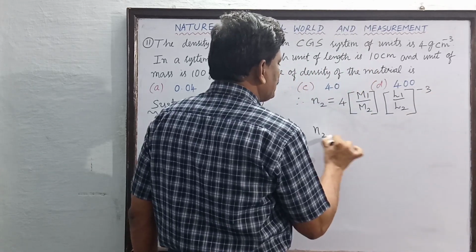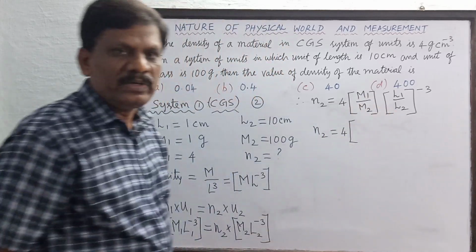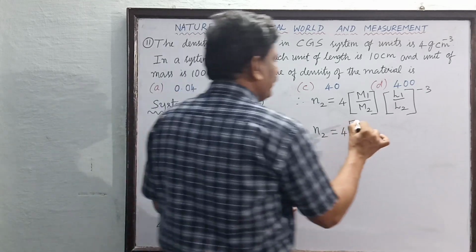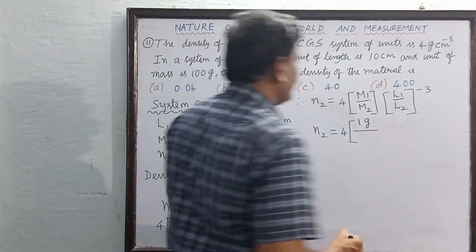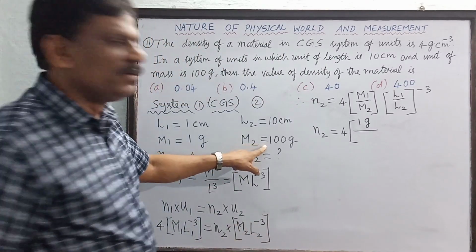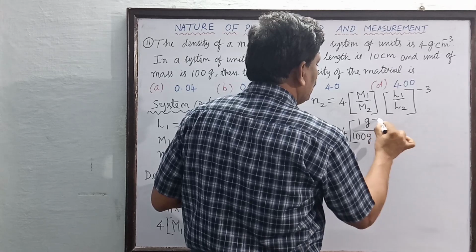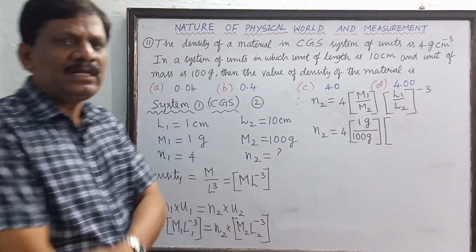So N2 is now equal to 4 into M1 by M2. What is the value of M1 here? 1 gram. So I will substitute M1 is equal to 1 gram divided by, what is M2 equal to? 100 gram. You substitute for L1 and L2.